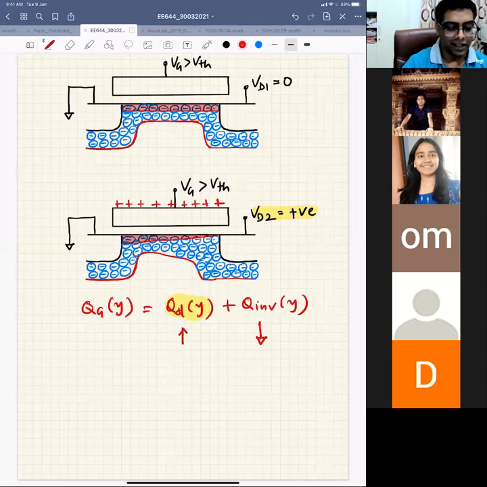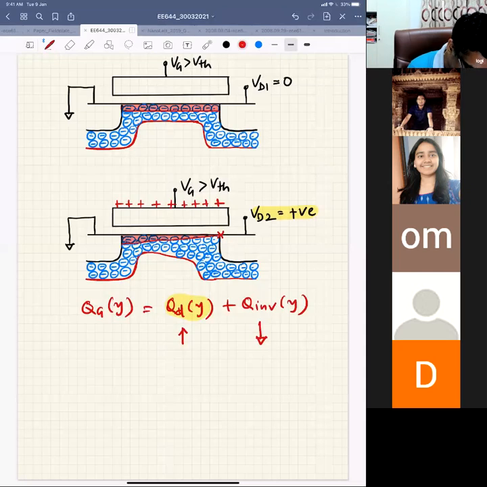As you go on increasing your drain voltage, the inversion charge per centimeter square in the drain side will slowly decrease, and at some VD this inversion charge will become zero at the drain side.